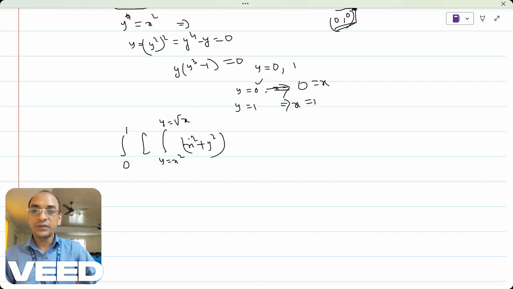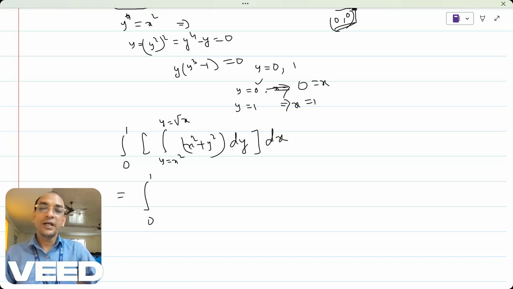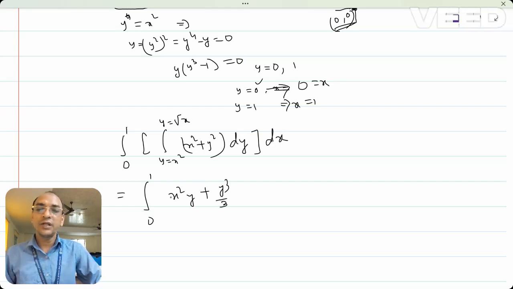Since the limits are functions of x, I will integrate with respect to y first, then with respect to x. Inner part: x square with respect to y is x square y, and y square with respect to y is y cube by 3. Now I will put the limit, lower limit of y is x square, upper limit of y is root x.